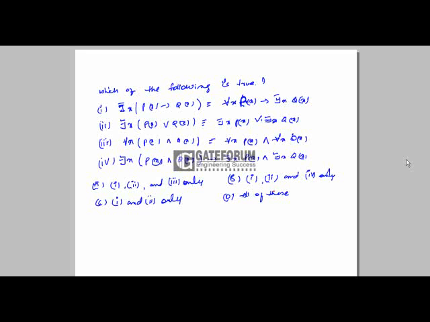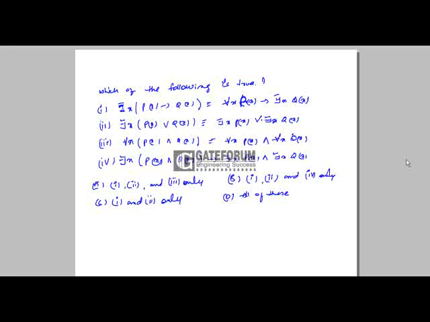Which of the following is true? Here four properties of first order logic are given. First property: for all x there exists y, P(x) implies Q(x) is equivalent to for all x P(x) implies there exists x Q(x). The second one: there exists x, P(x) or Q(x) is equivalent to there exists x P(x) or there exists x Q(x).